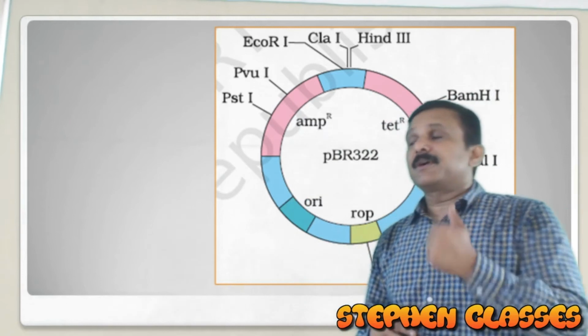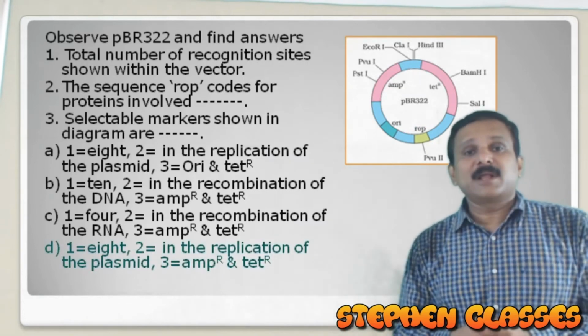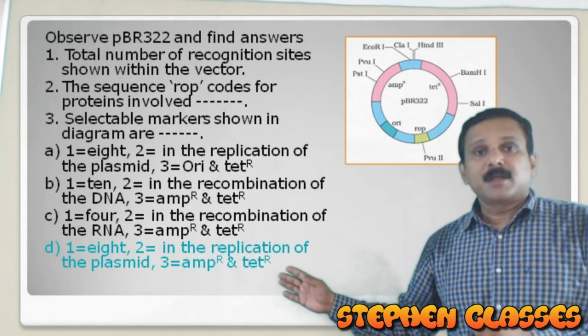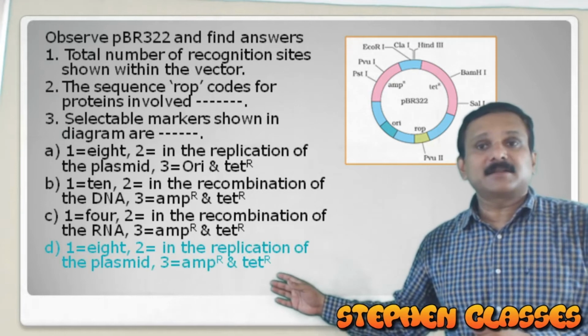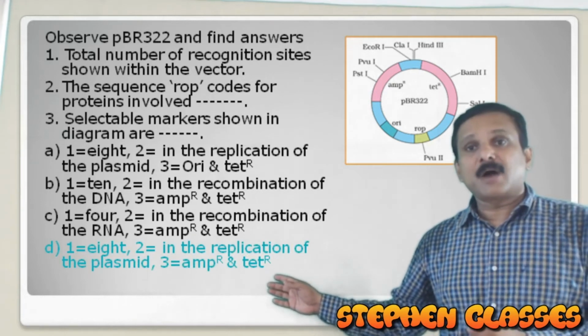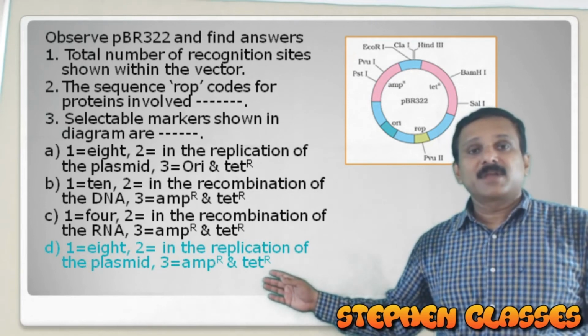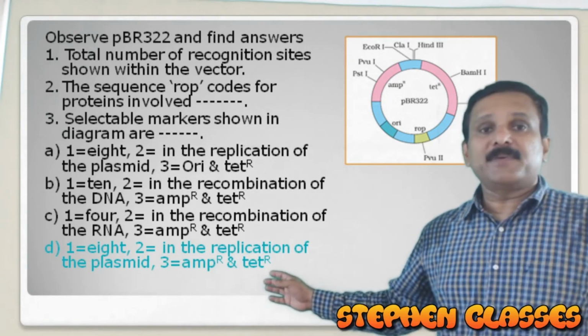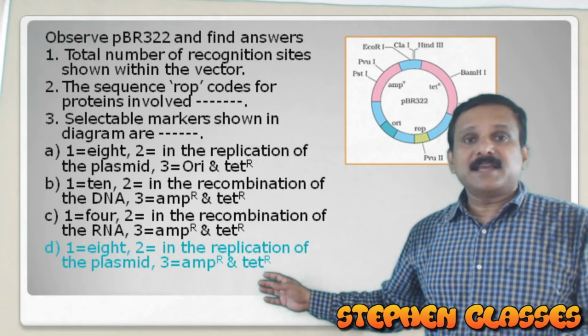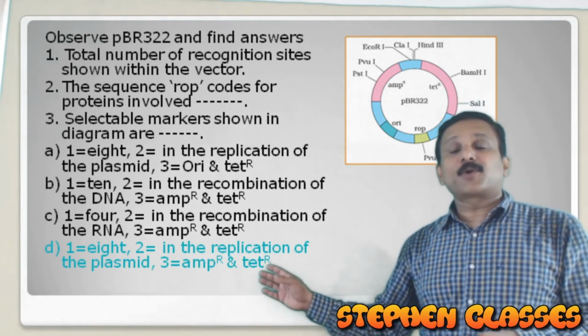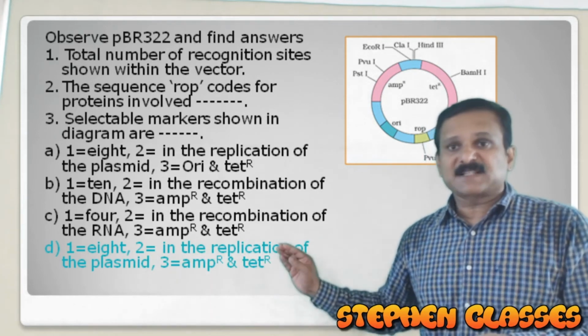So moving on to our question, our correct answer will be option D. Because how many cloning sites are present? 8. When you count all the cloning sites shown in that diagram, the total number will be 8. And what is the meaning of ROP? ROP is a sequence which codes for proteins involved in replication of the plasmid.